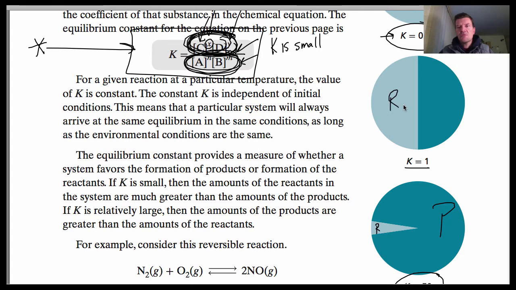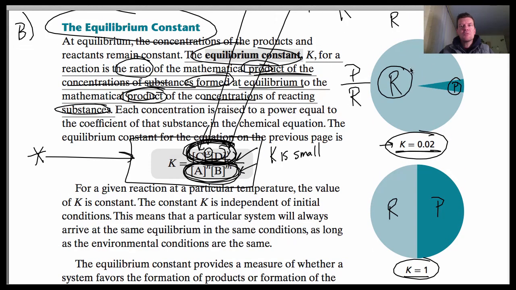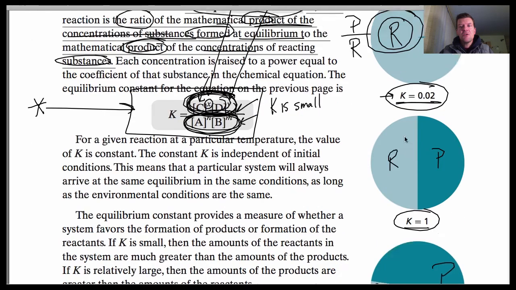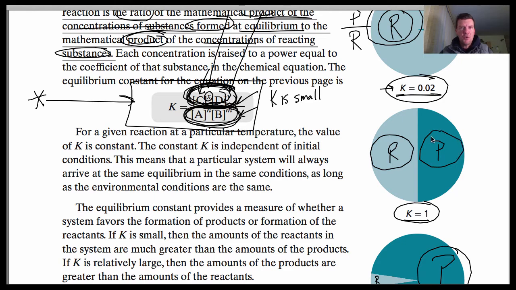So this again, reactants and products, if they're pretty much the same, you're going to get a K value of 1. That's the power of this value. This K value, just by doing a quick calculation, we can quickly see at equilibrium, do we have mostly reactants, or do we have mostly products, or do we have about the same of both?